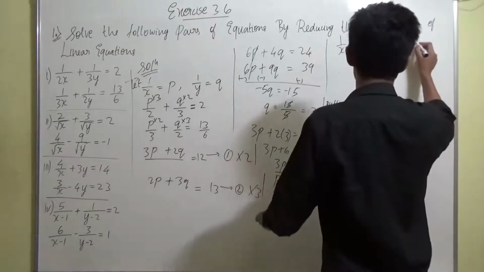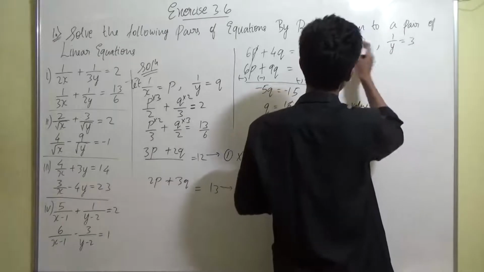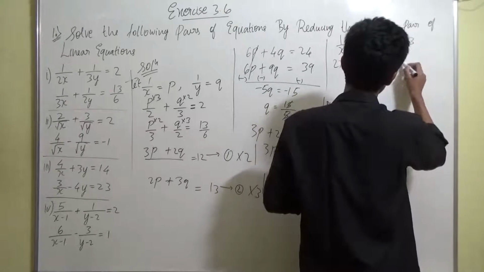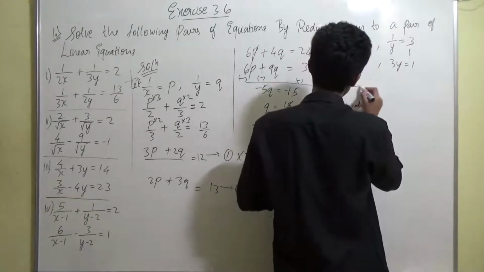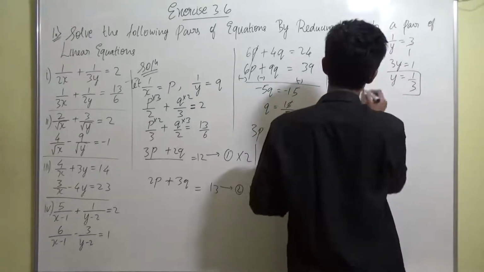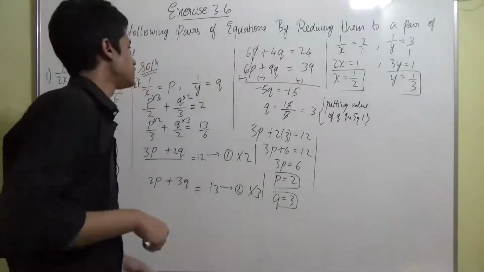Q we found as 3. Now let's find the value of x and y. Now we will cross multiply this, it will become 2x equal to 1. Here 3y equal to 1, correct? And here x will become equal to 1 by 2, and here y will become equal to 1 by 3. Correct, we got pq value and we also got xy value.